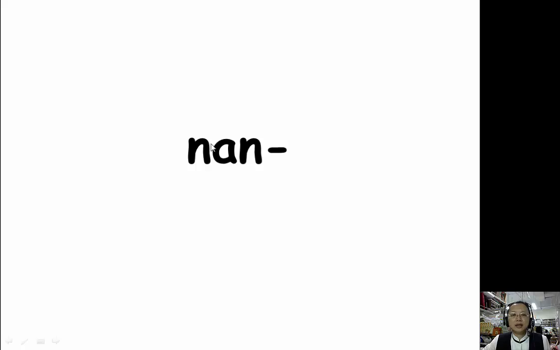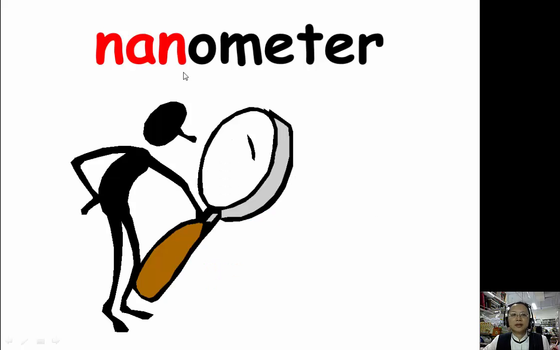The prefix nano means 10 to the power minus 9. Like nanometer. Nanometer is a unit in the metric system, which equals to 1 billionth of a meter.